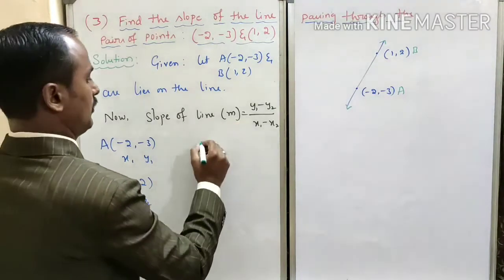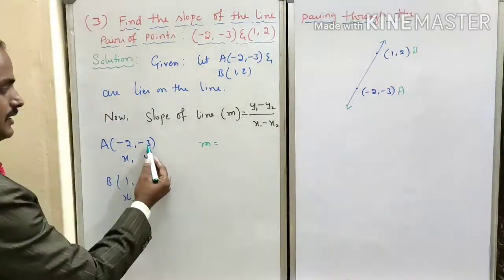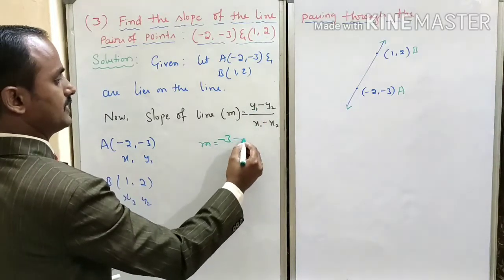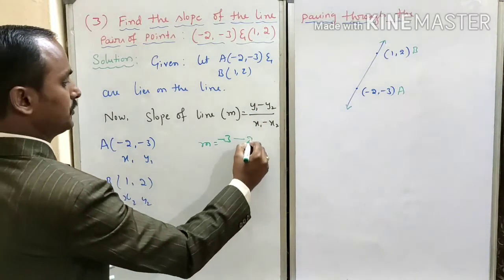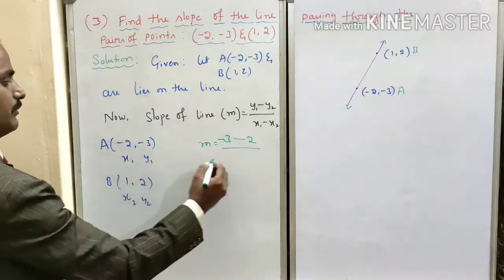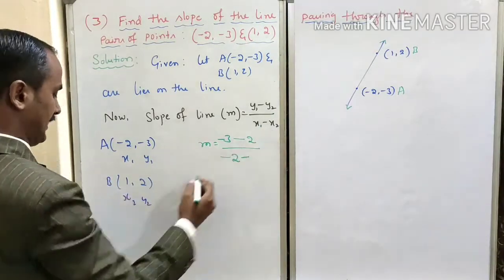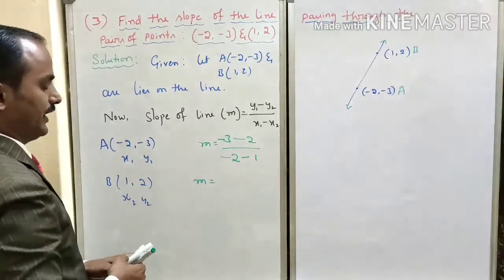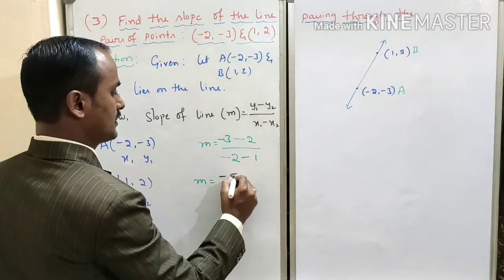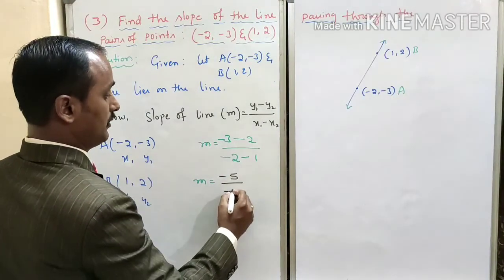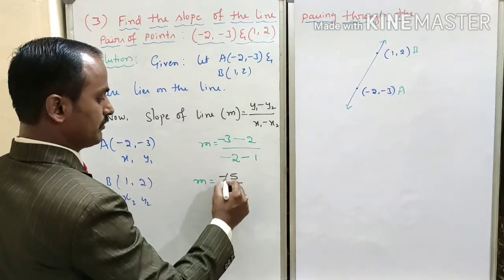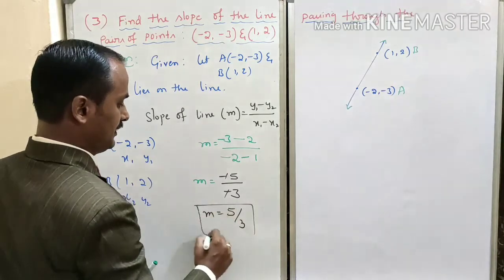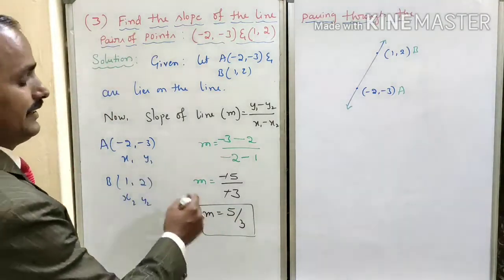Slope m is equal to y1 value, -3, minus y2 coordinate 2, divided by x1 coordinate -2 minus x2 coordinate 1. Then -3 minus 2 becomes -5, upon -2 minus 1 becomes -3. Is it correct? Finally, minus minus cancel. Slope m is equal to 5 upon 3, dear children. Hence the slope of the line is 5 by 3.